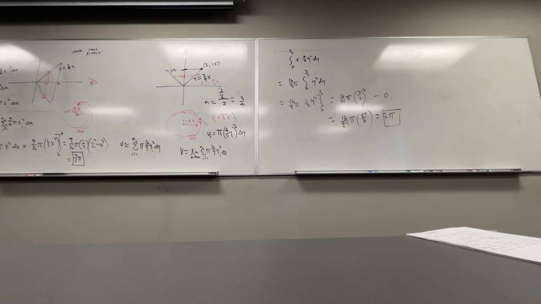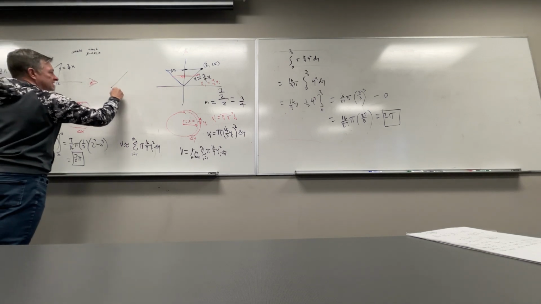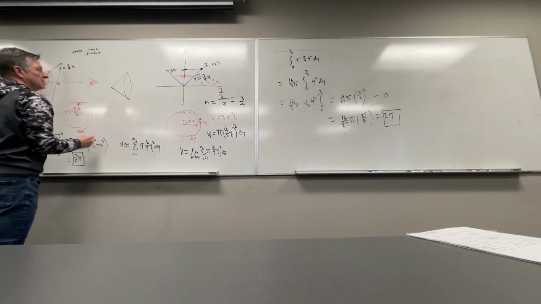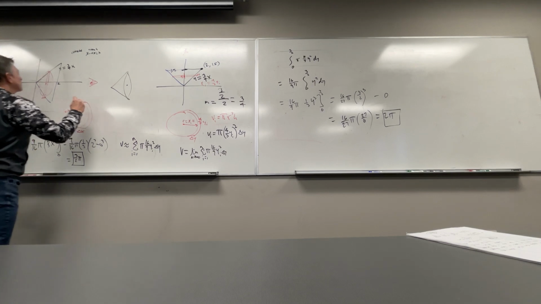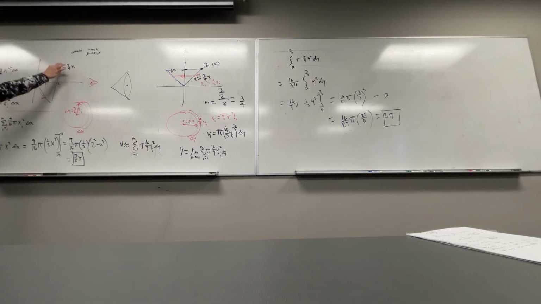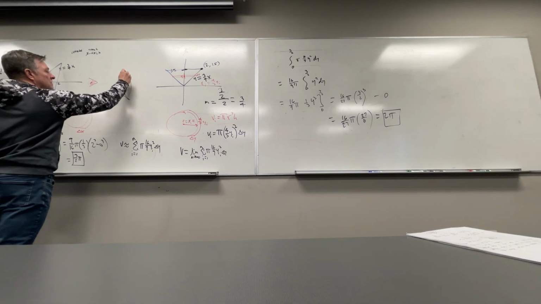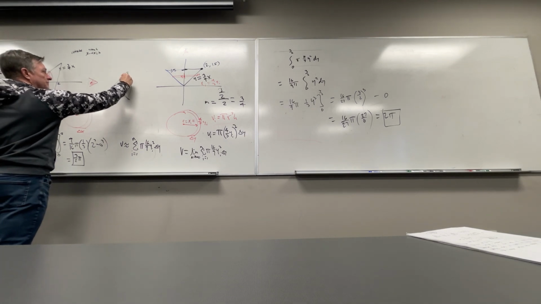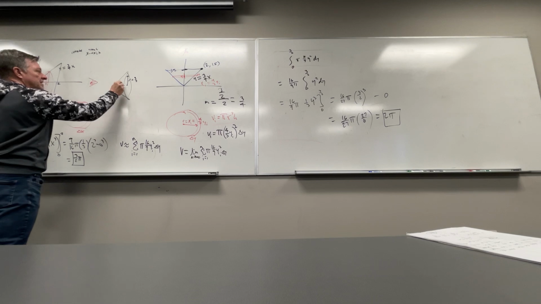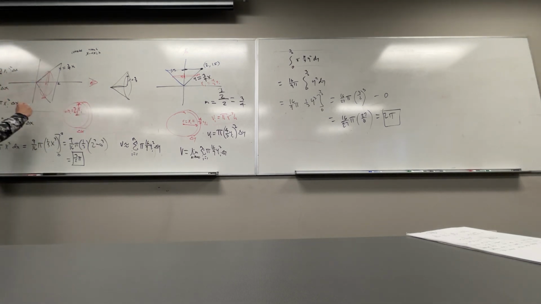Okay, let's check that. It's just a cone still, right? It's still going to make a cone. It's just that we have to look at it a little bit differently. So it's a cone that looks like this. Its radius would be that distance right there, the top, that's 3/2 for that particular one. And then its height is 2.